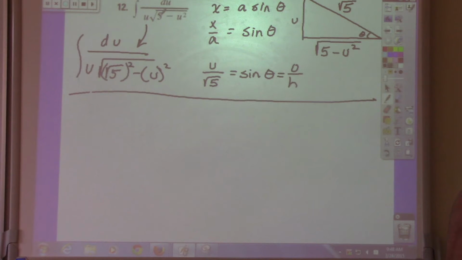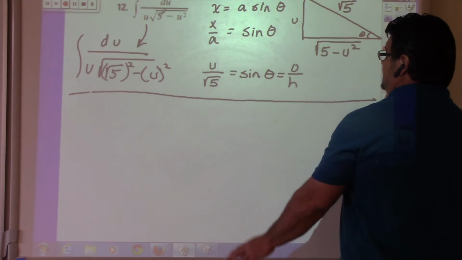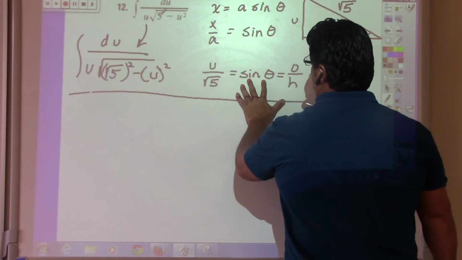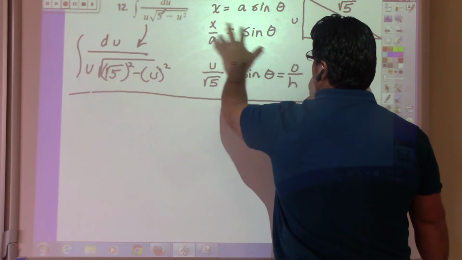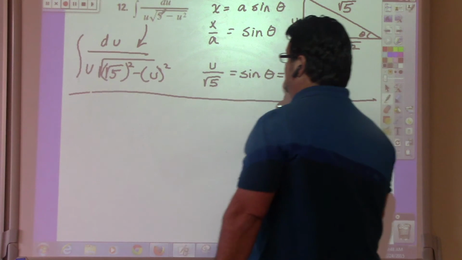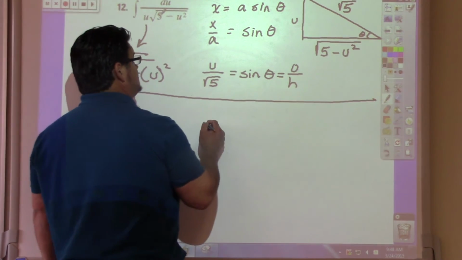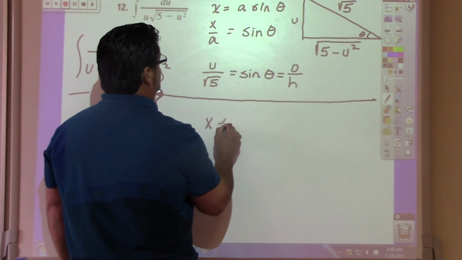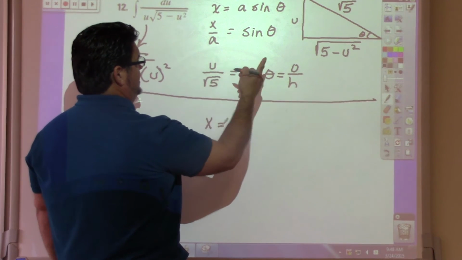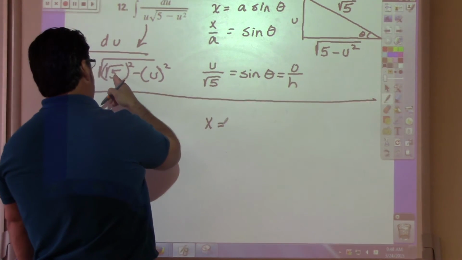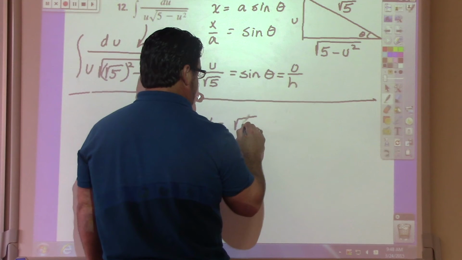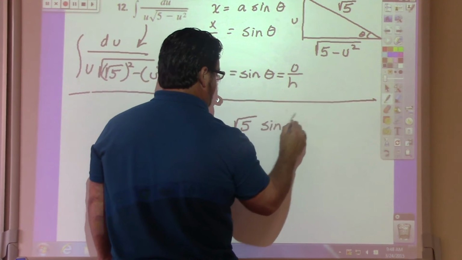Now, if we know that the sine is equal to x over a, then we need to solve this for x. So x is equal to a. What is a? Square root of 5? So that's the square root of 5 sine of theta.